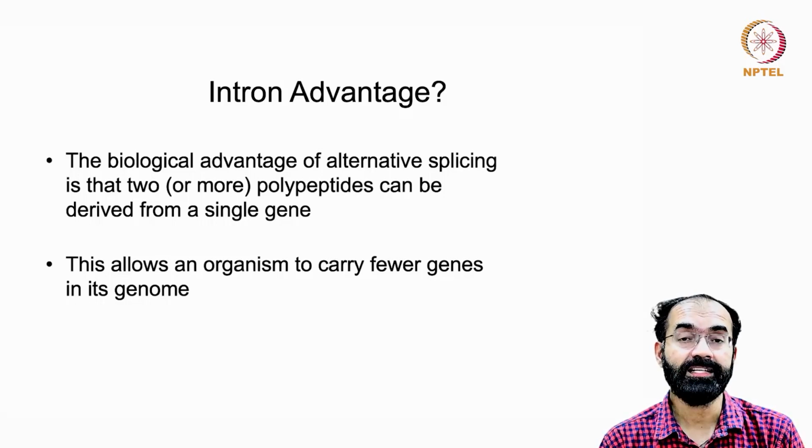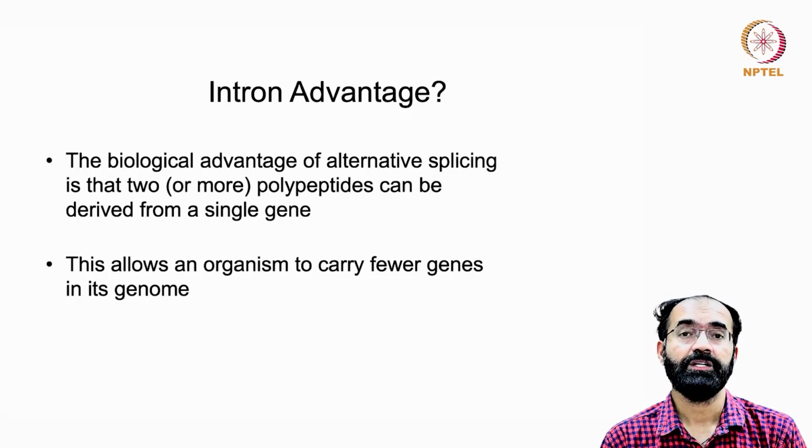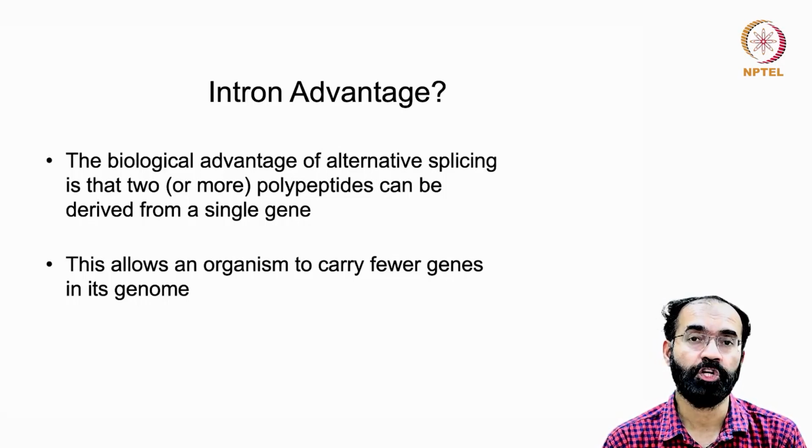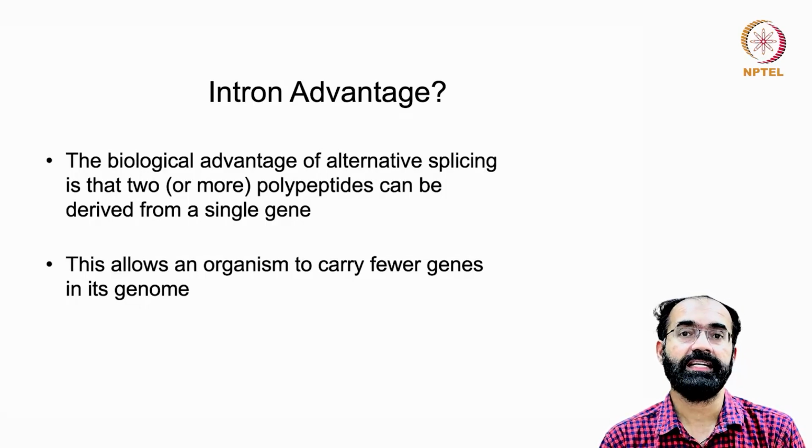So it is very tricky and very difficult to identify which are the genes, and what alternative versions are possible from a gene, especially in humans. This allows an organism to carry fewer genes in their genome, because evolution has happened in both directions.